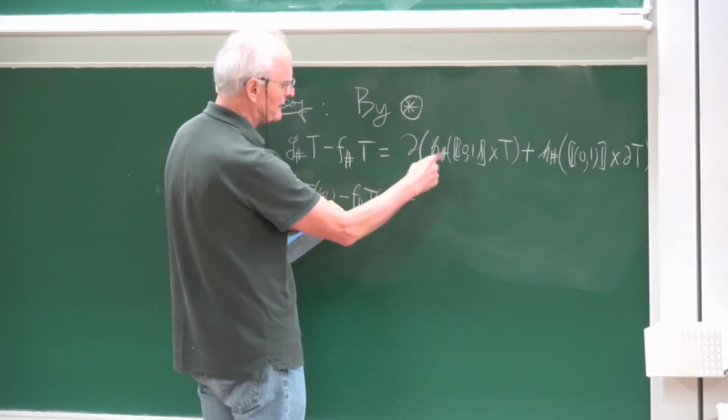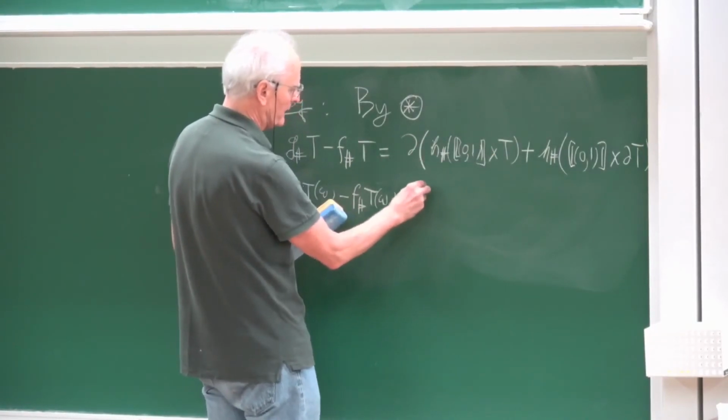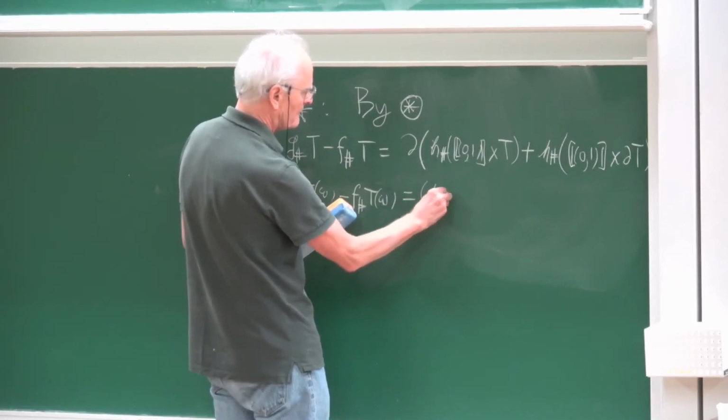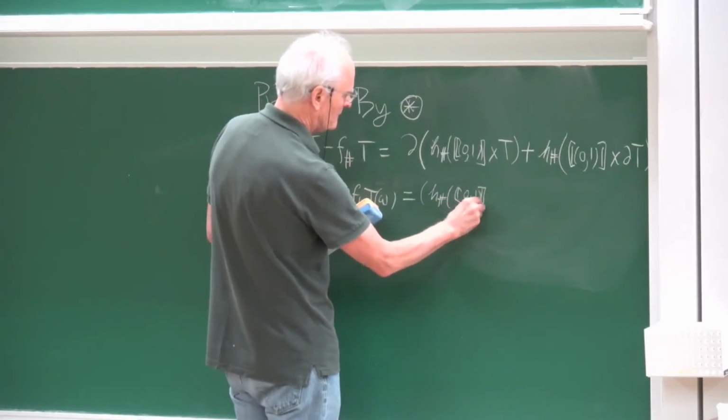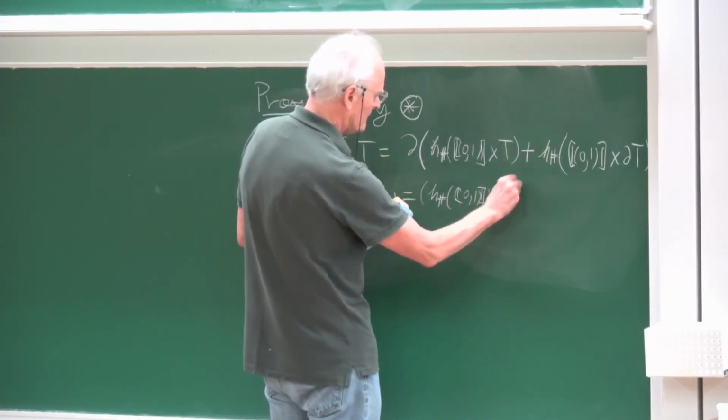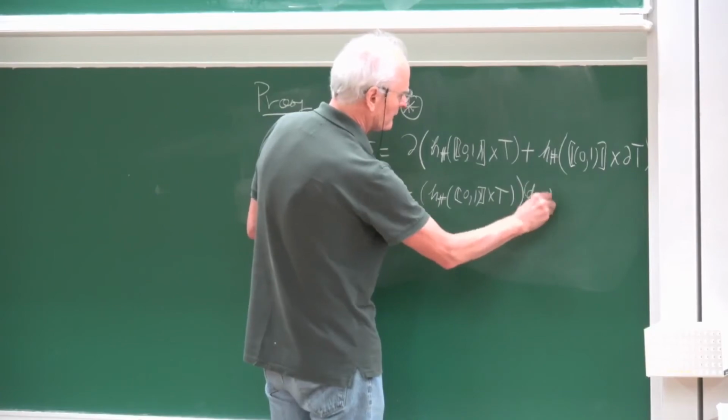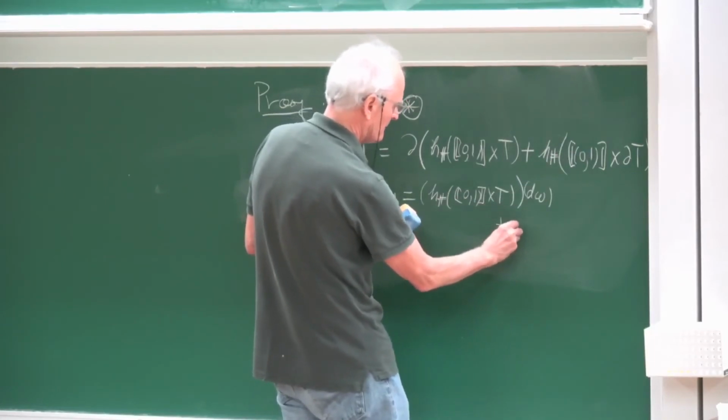By definition of the boundary, that's this current hitting d omega, and this current hitting omega.